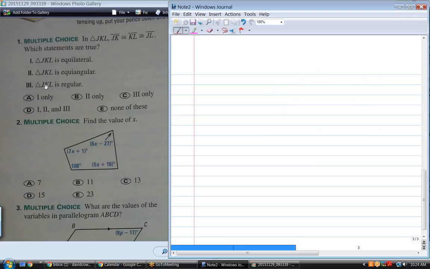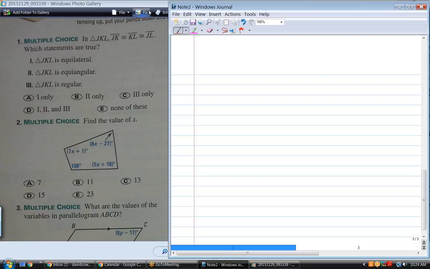Okay, cool. Number 3, is that triangle regular? Yeah, it would be, because all 3 sides are equal to each other and all 3 angles are equal. The definition of regular is that all sides are equal and all angles are equal.